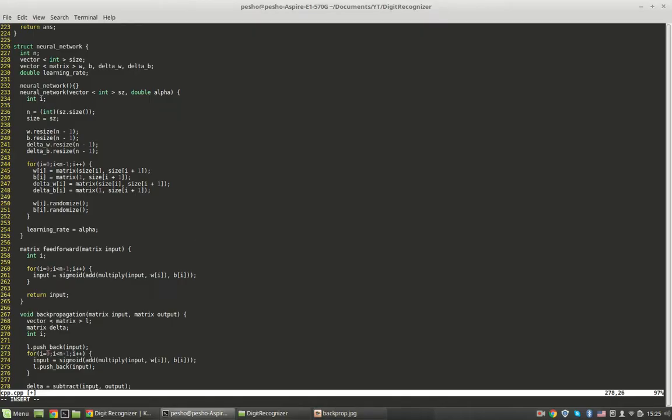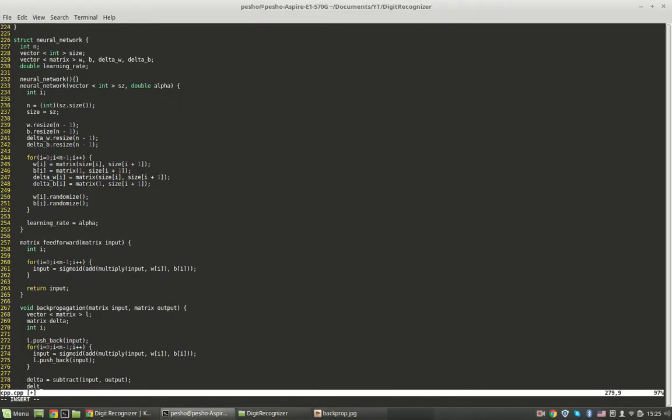So we have delta equals term by term multiplication of the current delta and the sigmoid derivative of the last layer, which is L n minus 1. Yeah, we have n layers.